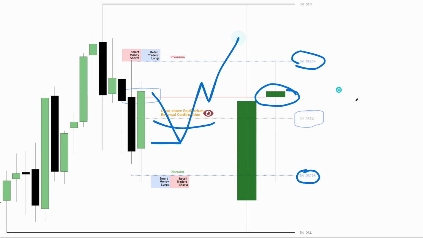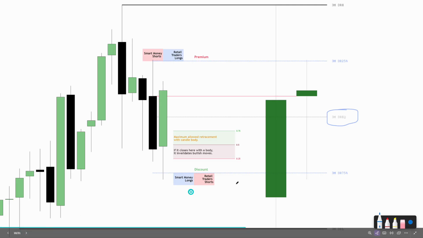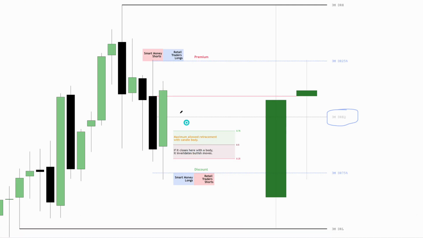Okay, so if price retraces here, the maximum allowed retracement with candle bodies is this midpoint, to continue. If price closes below the midpoint between equilibrium and 75 quarter, in this moment, this is invalidation for bullish moves, and this is more probability for continuing bearish.